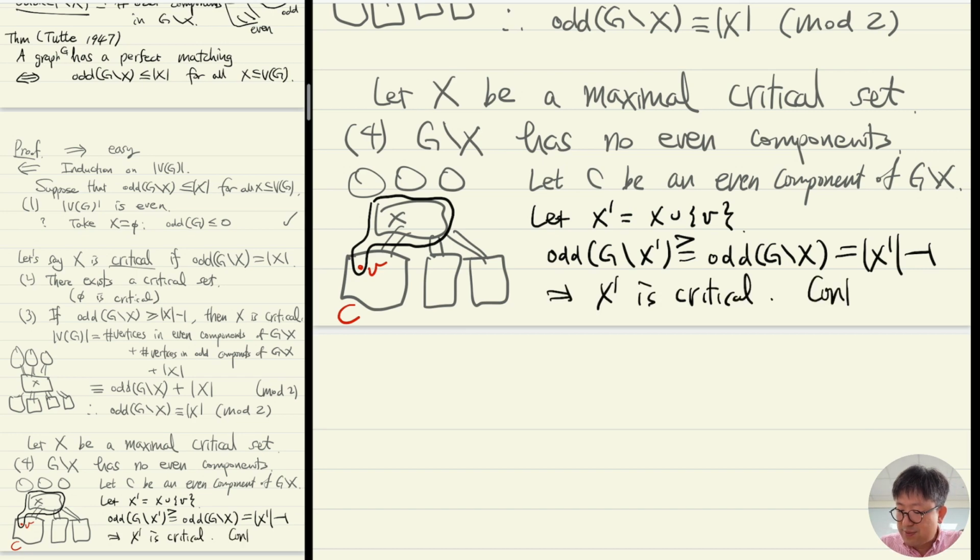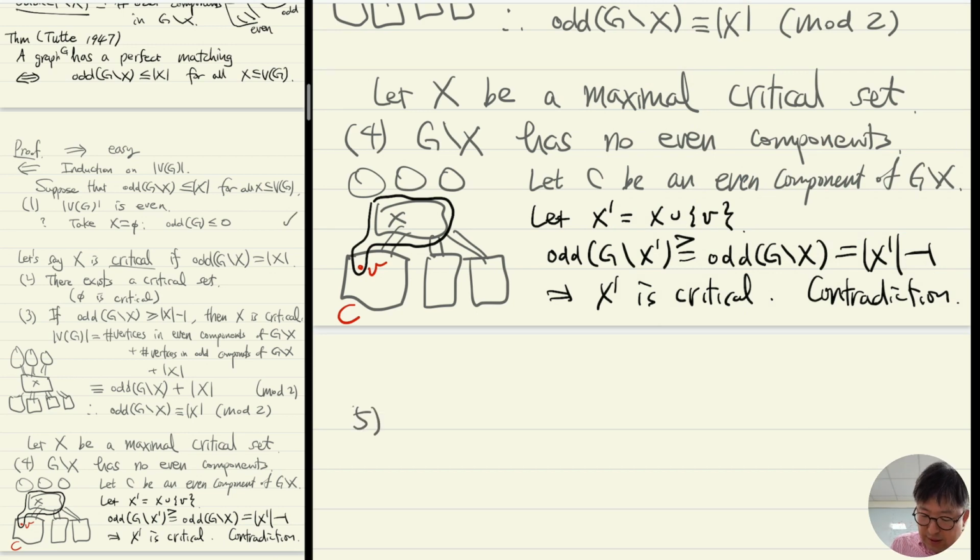And that's a contradiction, because we assumed that X is a maximal critical set. There's no other critical set containing X as a proper subset. So that's the proof of claim 4.